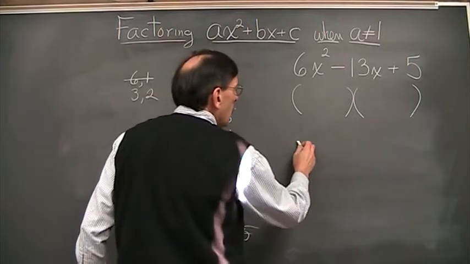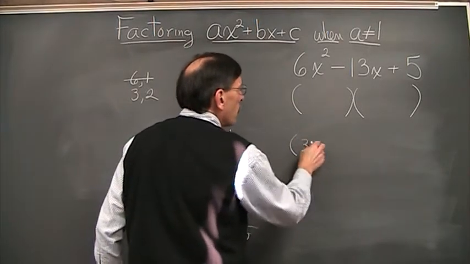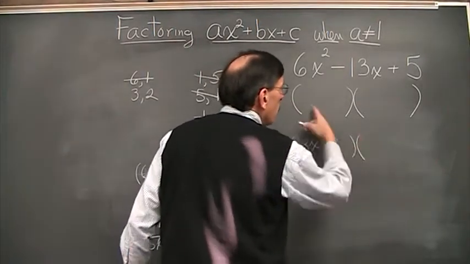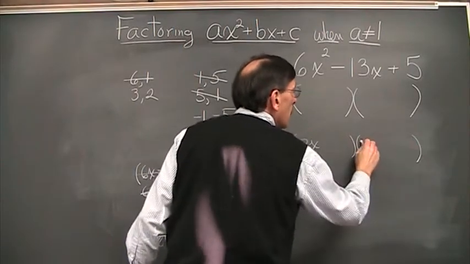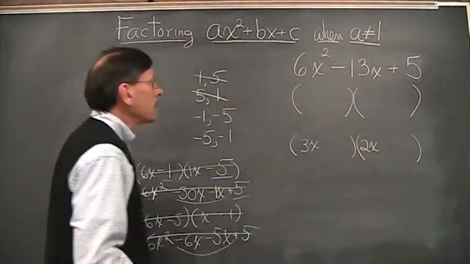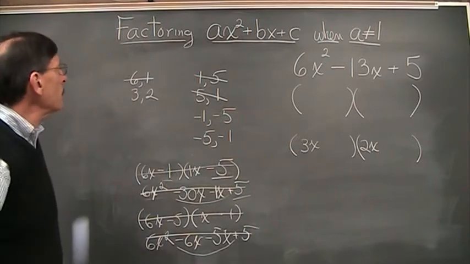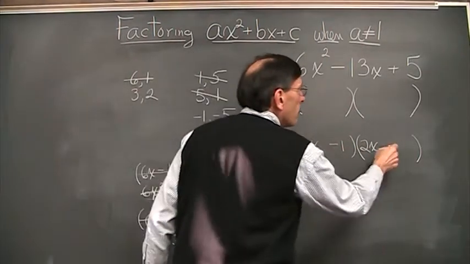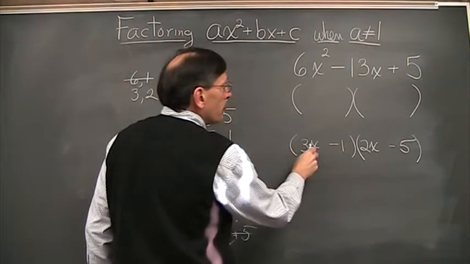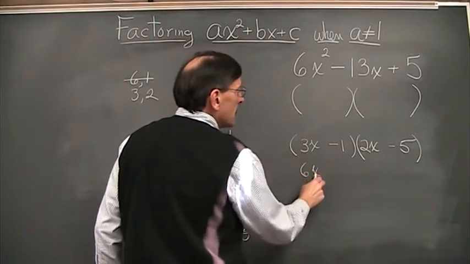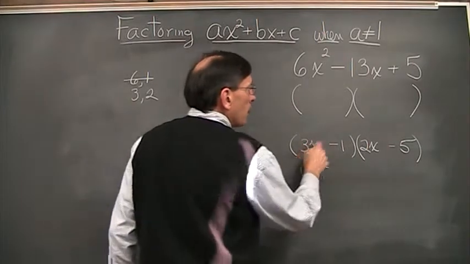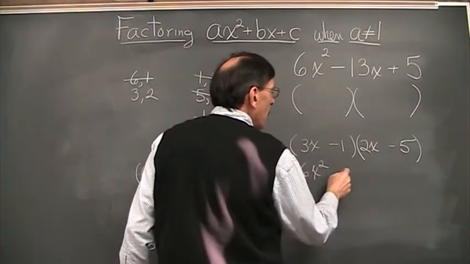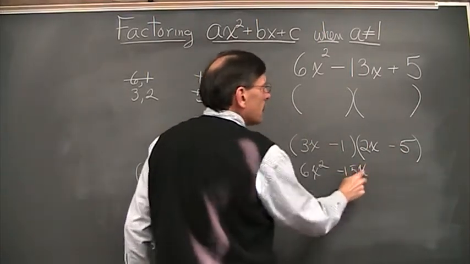So let us write 3x in the first position and 2x in the other first position. And let's test negative 1 and negative 5. Foiling it, 3 times 2 is 6x squared. 3x times negative 5 is negative 15x.